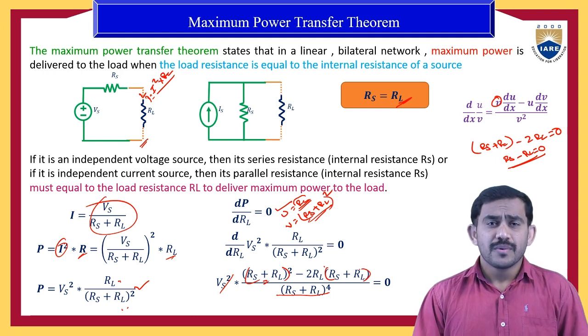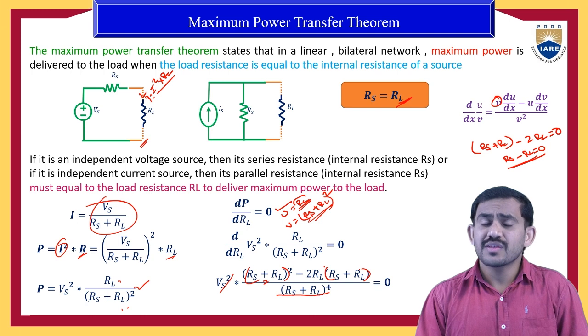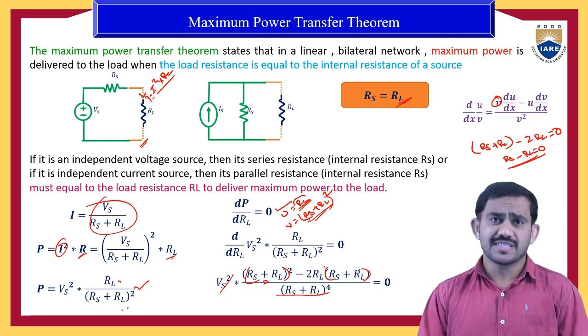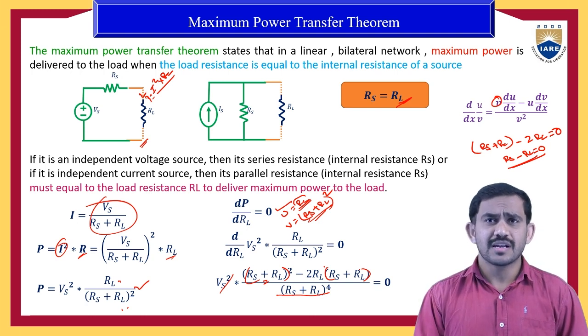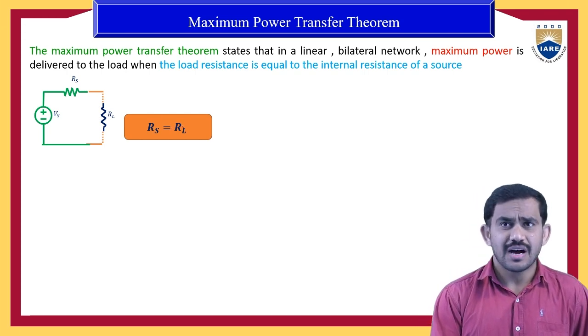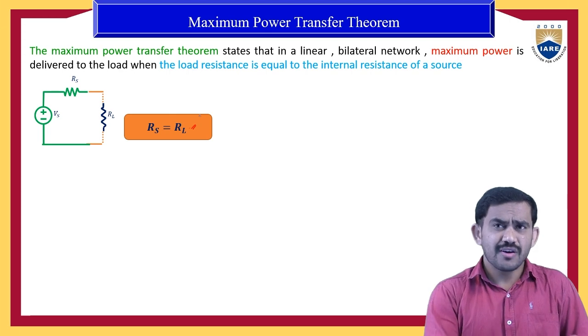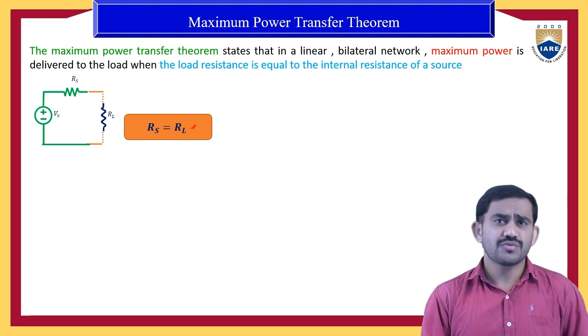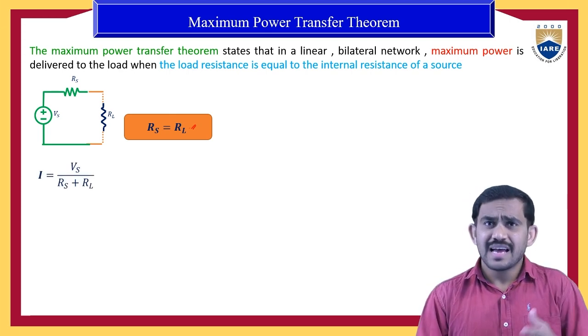Now from this I require the maximum power value and the efficiency also. I'll discuss that now. Here the same statement, Rs equal to RL. Consider Thevenin's theorem, where we already know the I value as well as the P value.